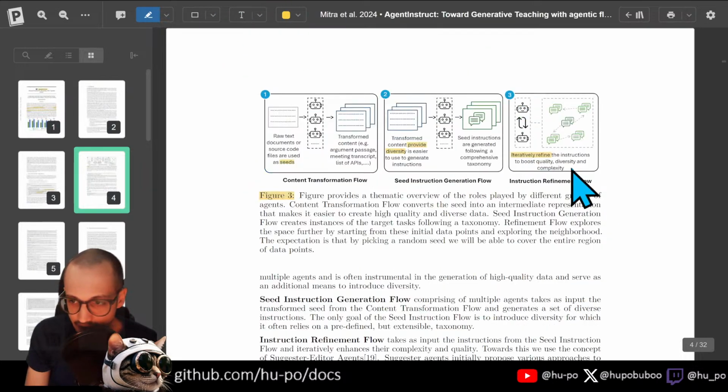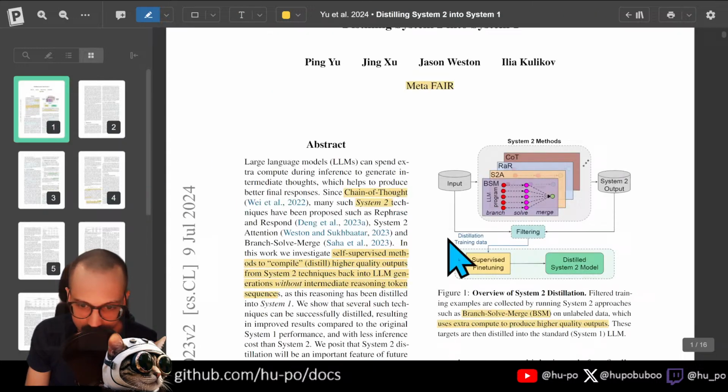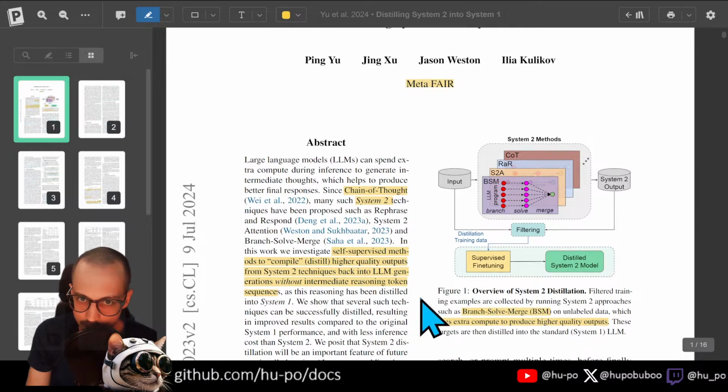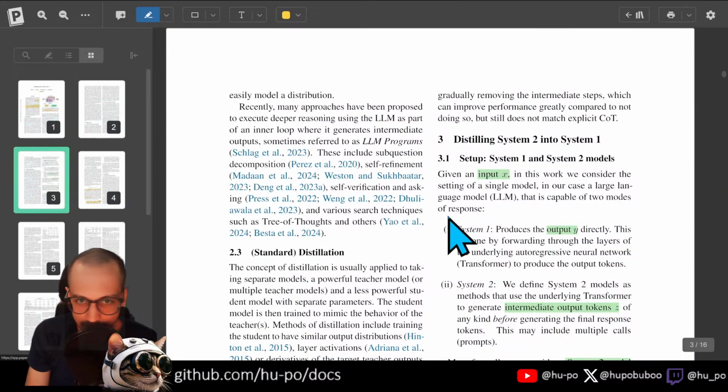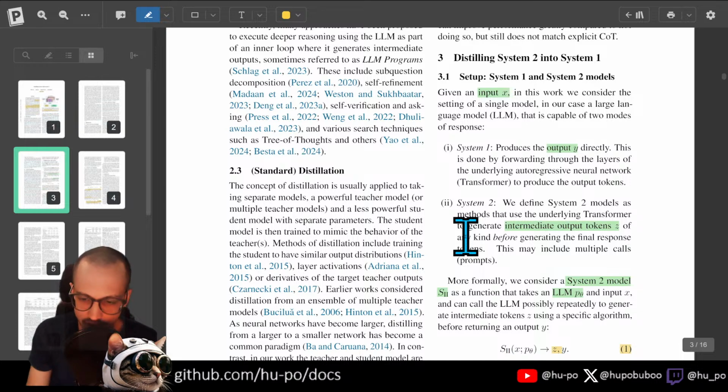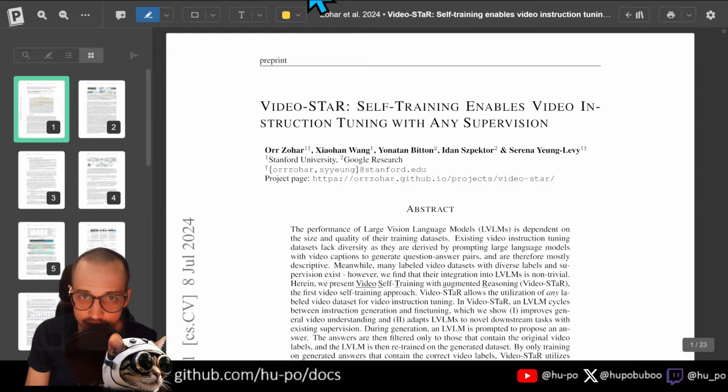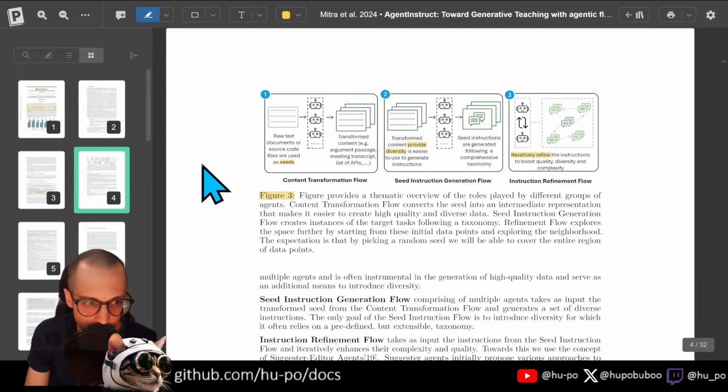And then in this paper, they actually go the extra step and do this refinement process where you're iteratively improving the quality of that data set by doing chain of thought and then throwing away those intermediate tokens, but I'm not exactly sure what they do here to iteratively refine.